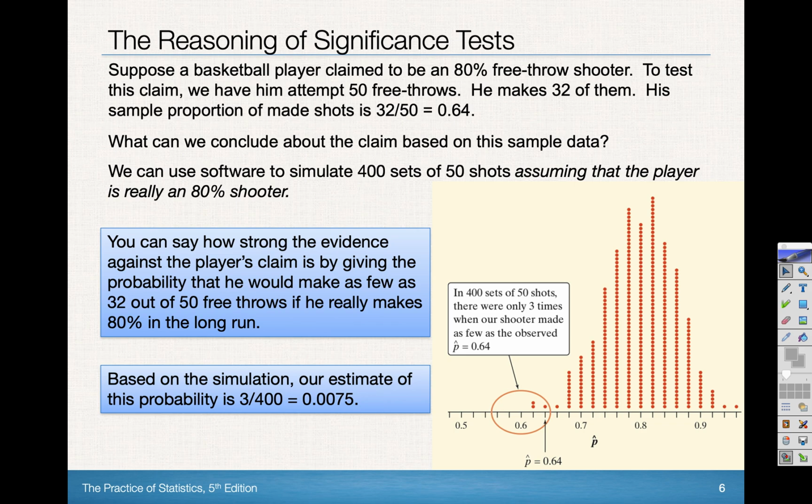So what we can do with that probability is we can say, yo, Mr. Walsh, I have strong evidence that you are not an actual 80% free throw shooter. In fact, I have strong evidence that you are less than an 80% free throw shooter. Because if you were an 80% free throw shooter and you were to shoot 50 free throws and only make 64% of them, the probability of that happening is 3 out of 400. It's very rare.